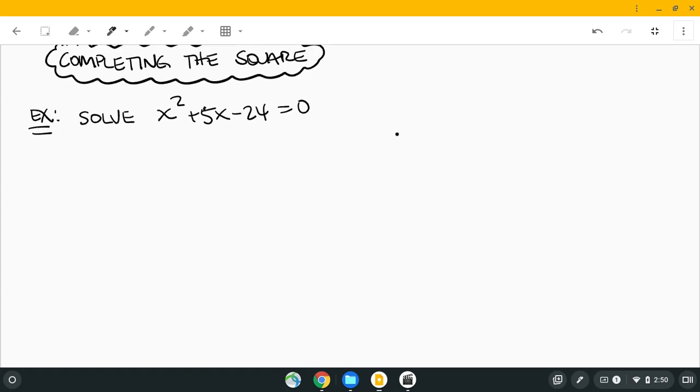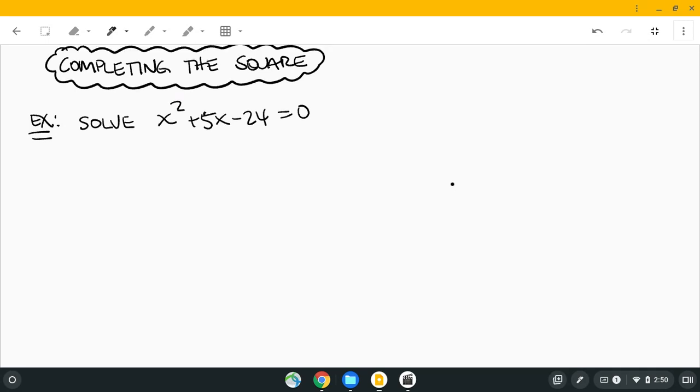Okay, so the way completing the square works is you want to be able to factor it so that it's a perfect square, and then you have something else on this side. If you can factor it so that it's a perfect square, then all you have to do is use the square root method, and then you can solve.